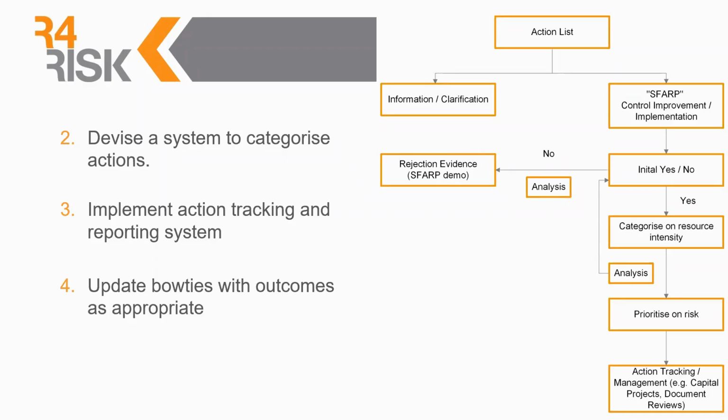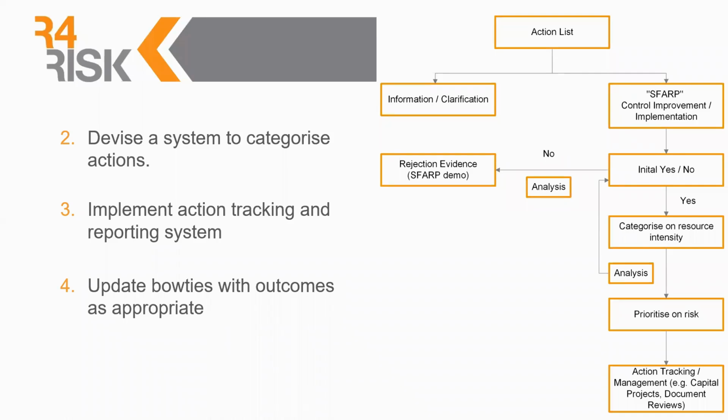We then need to categorize our actions on resource intensity. Again, this is a SFARP principle. So are they just do type of actions versus are they going to be 10-year capital project type actions? Again, we can do a bit more of an analysis to make sure we've made the right decisions.